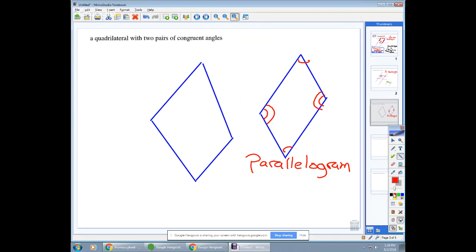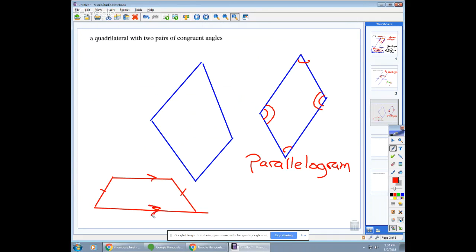I need a pair of parallel lines, and then we want the following to be true. The length of this line should match that one, and the top and the bottom should be parallel.